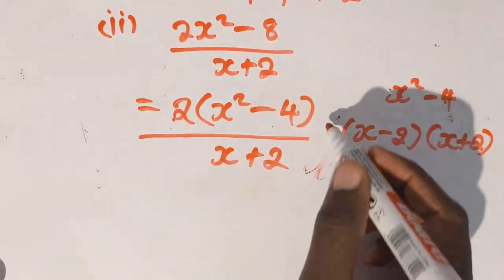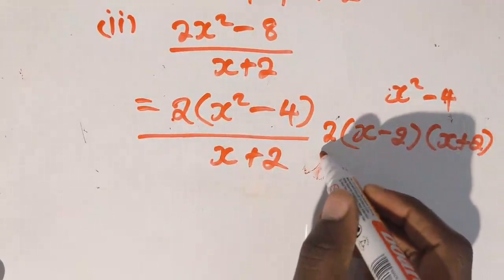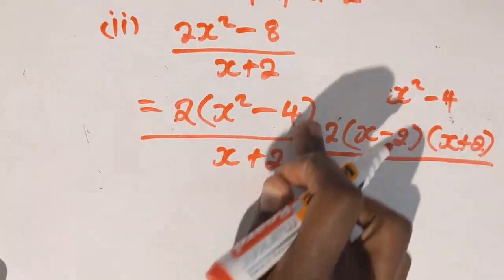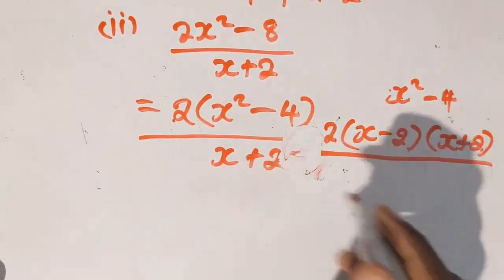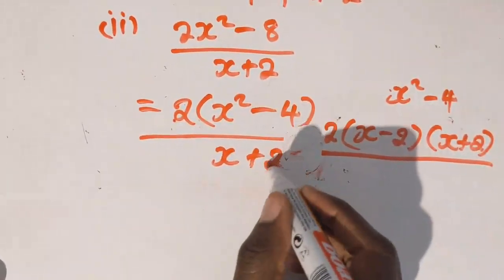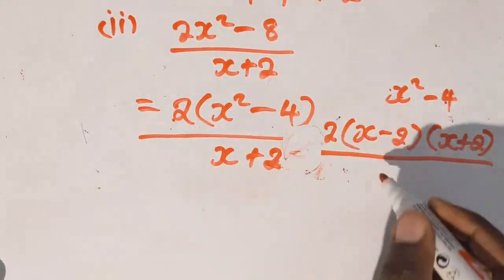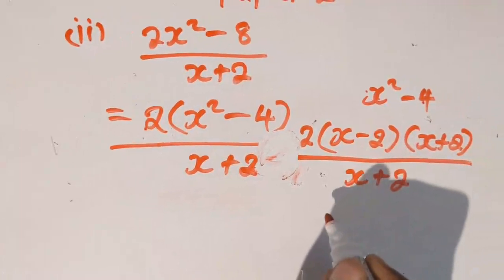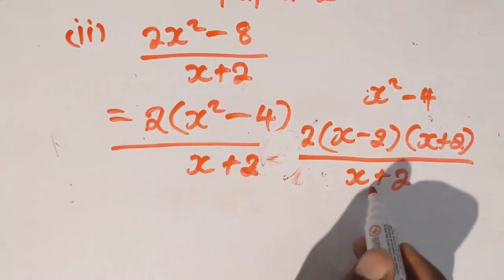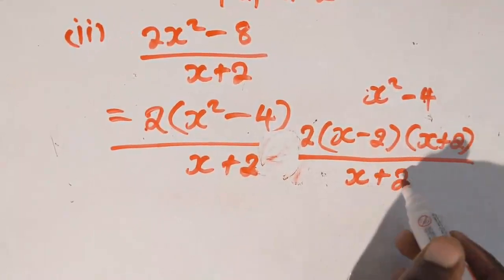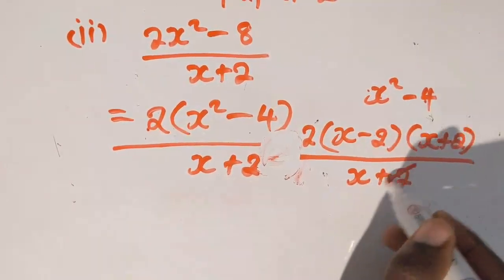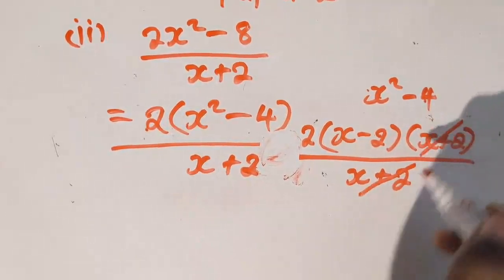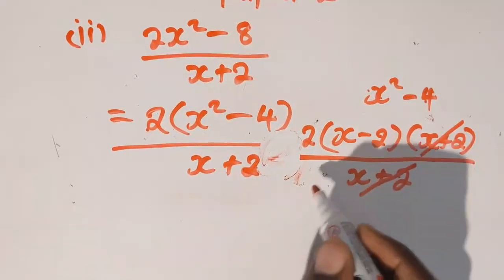So you put the 2 outside like that, then you divide like that. Then there is x plus 2, so just put x plus 2. And when you see something common, you divide, meaning that you just cancel. This is x plus 2 and this is x plus 2, so these are gone, so meaning that the answer will be what?